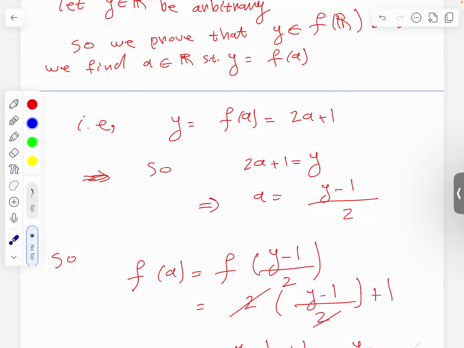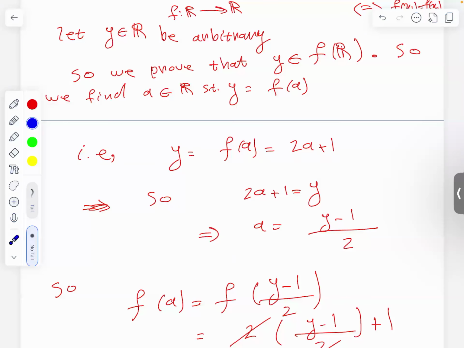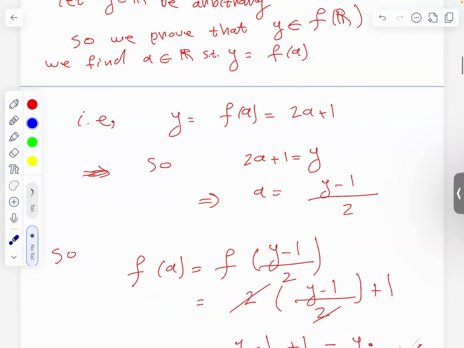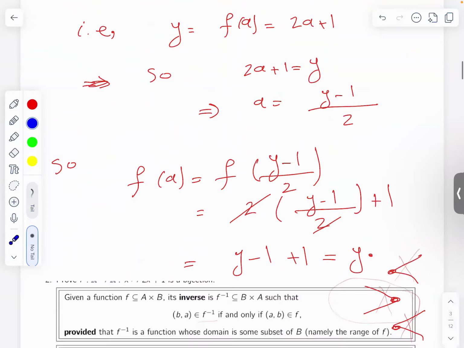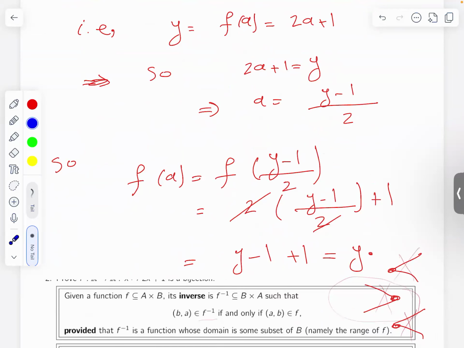But in some of the valuable books, they write more, to check deeply. What is the meaning of this one? This means if you act f on a, f of y minus 1 over 2, what does f do on this? It doubles this one and adds 1. 2 times this guy, if you cancel, y minus 1 plus 1, it will be y.